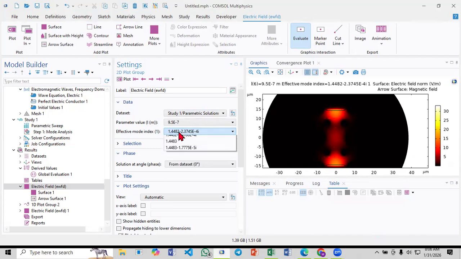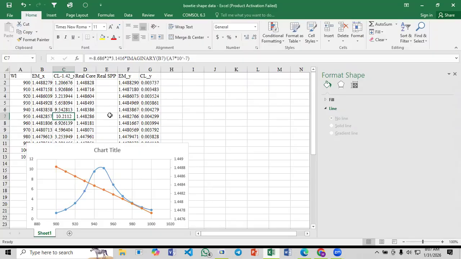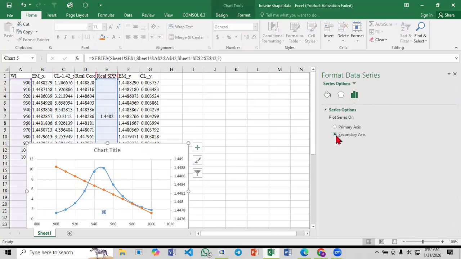You have to collect the real part of this mode. You can write it down by hand. So check it: 1.4482 for 950, and this one is also for the secondary axis.